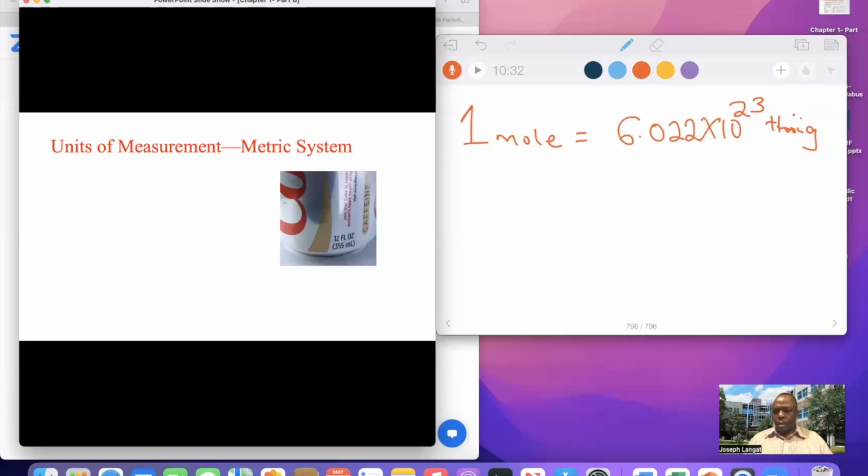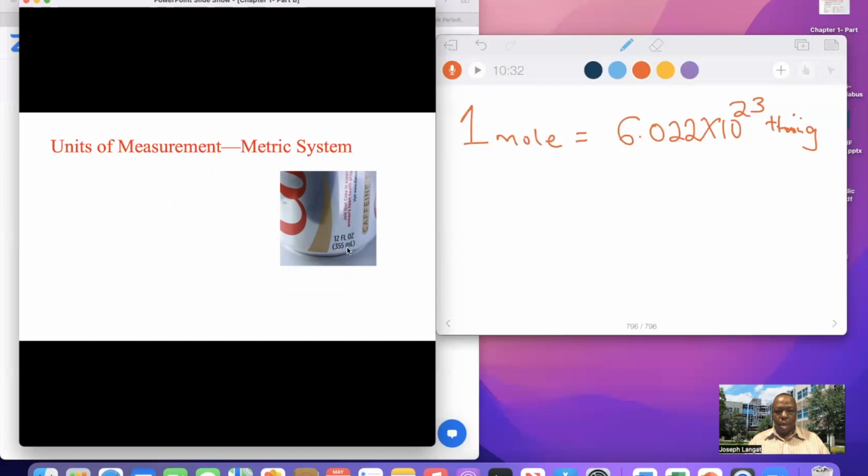In the US, the metric system is gaining traction in terms of usage. Most of the measurements are indicated in both English and the metric system.